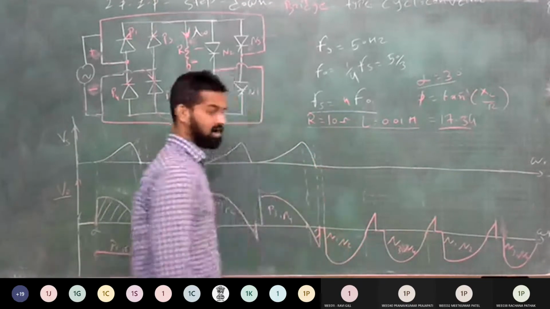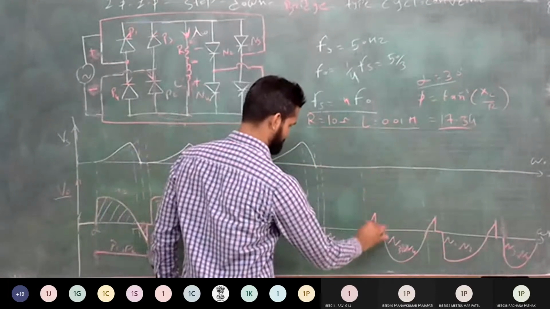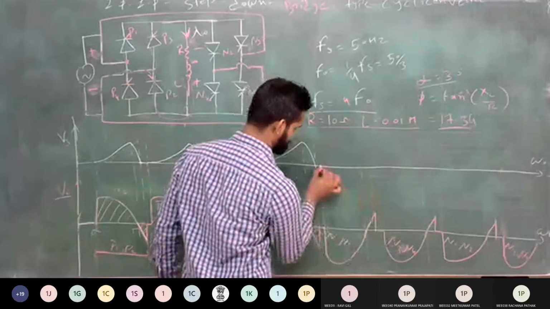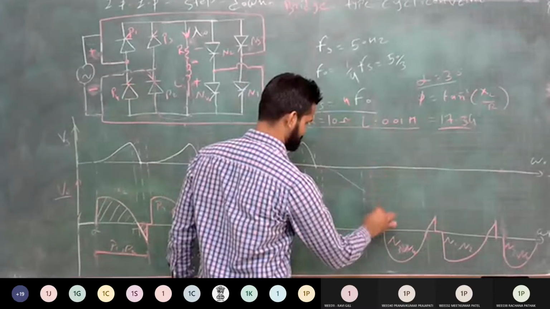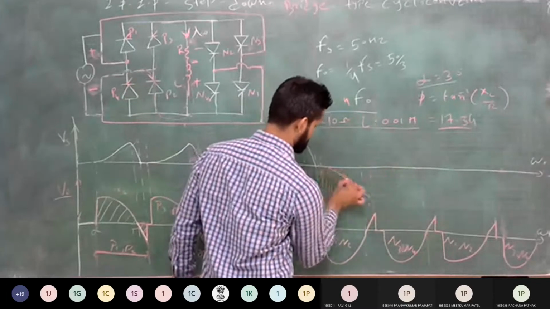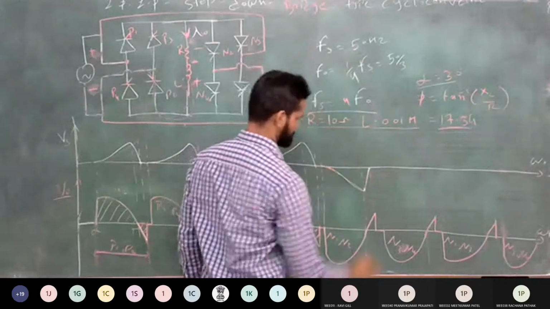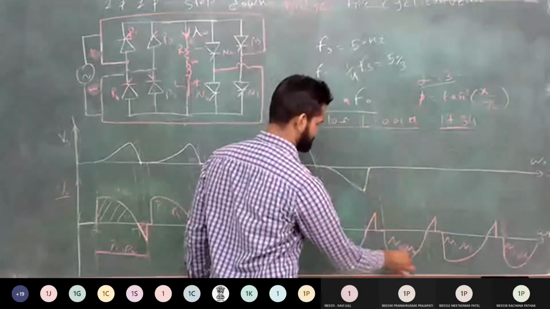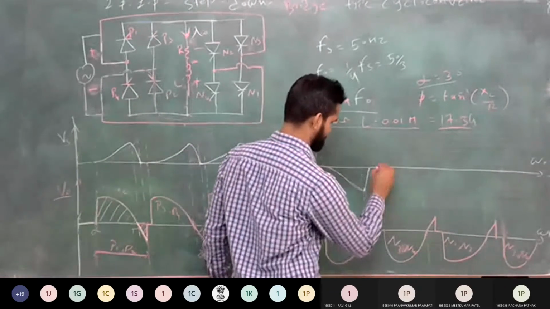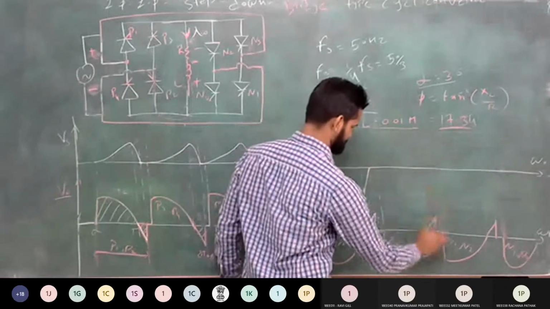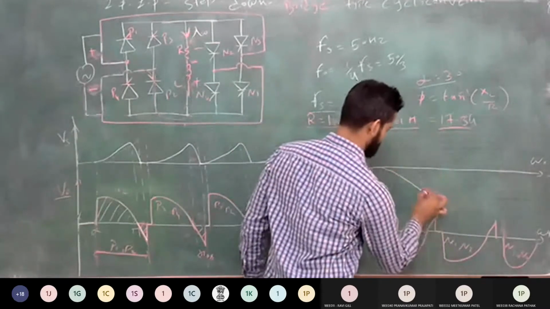Again N1 N2 is conducting. Now you get the negative direction of current because you get the negative voltage. So you get the negative current and it is increasing gradually up to this 5 pi, and after 5 pi plus phi it is discharging and becomes 0 this way. And at 5 pi plus alpha, N3 and N4 are conducting, again you get the negative voltage, so it means you get the negative current up to this 6 pi, gradually increasing, then discharging.